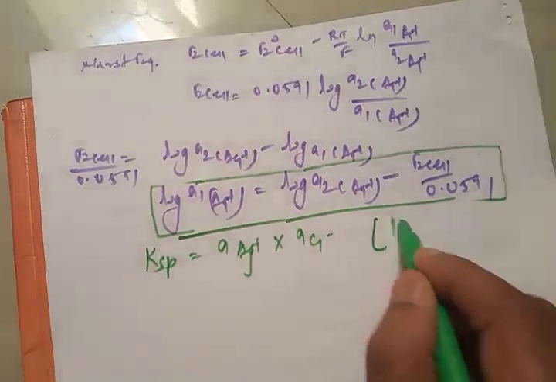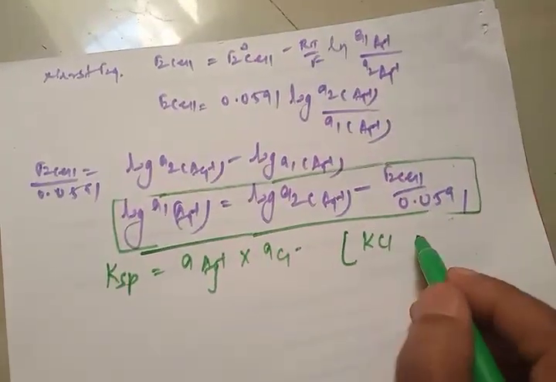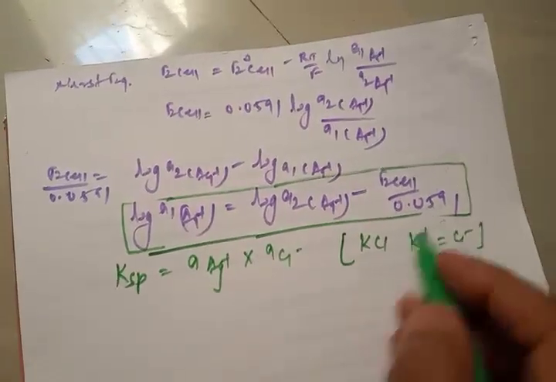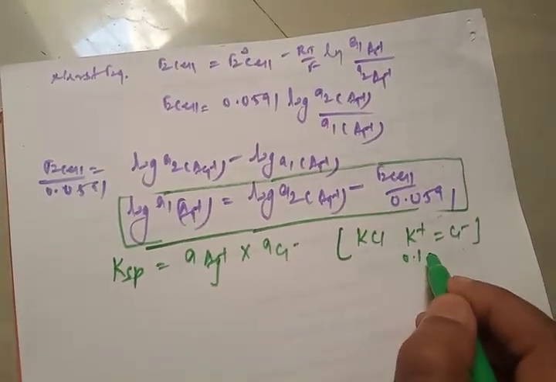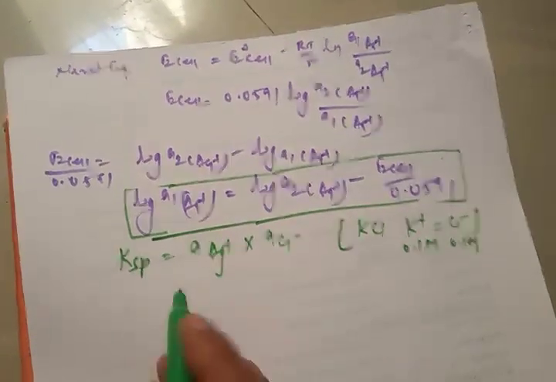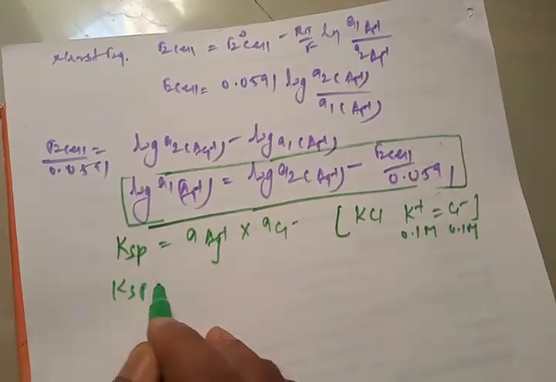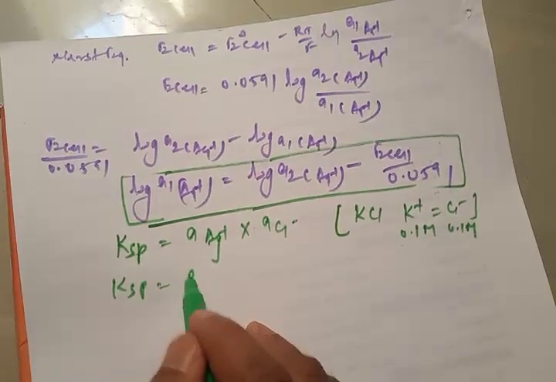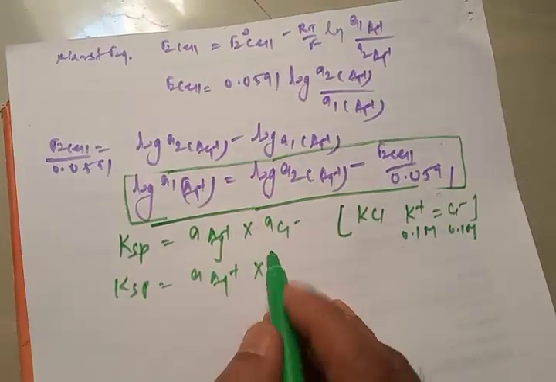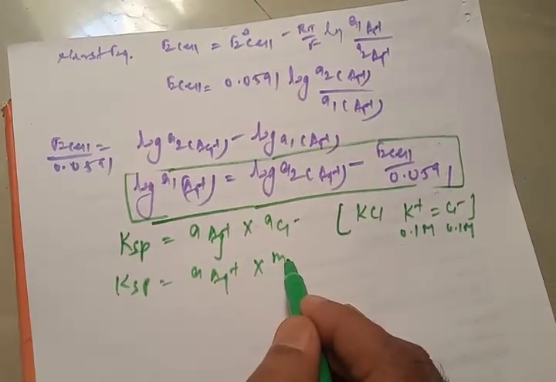And for KCl we know that the transport number is the same, K ion equals silver ion, and we know the concentrations are 0.1 m and 0.1 m. So for Ksp, we can write a Ag plus into a Cl minus in the form of molarity also, or molality.